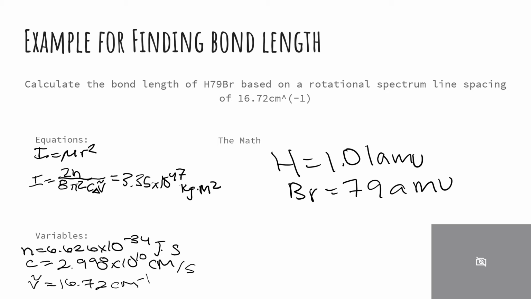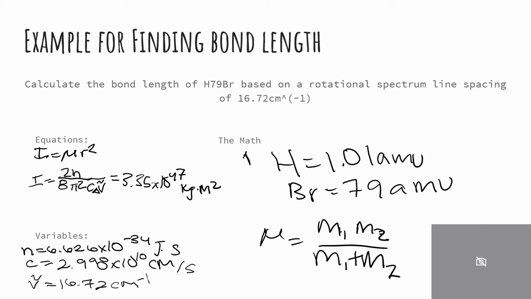Our equation for reduced mass is mu = M1 times M2 over M1 plus M2. So we're going to make our H M2 and our Br M1.